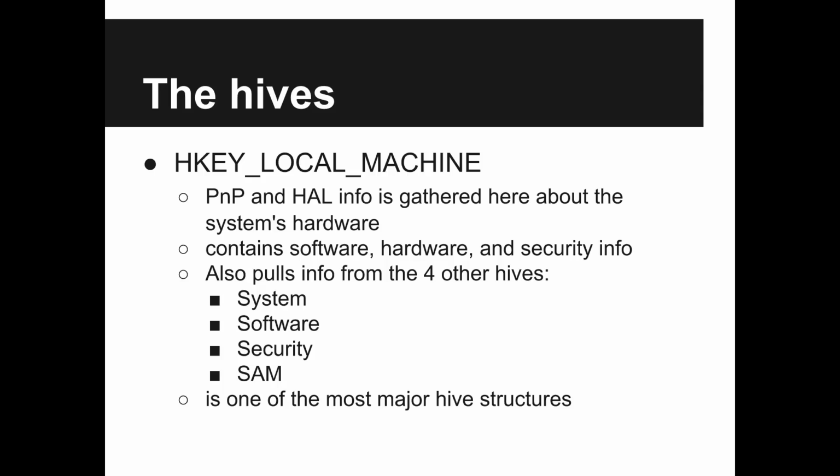This is one of the primary hives that you will see if you open up the control panel and view the system's hardware and other system properties. It will be pulling data that's been populated inside the local machine hive. Now, it works with the system, software, security, as well as SAM hives to coordinate this information as well, primarily for security reasons.